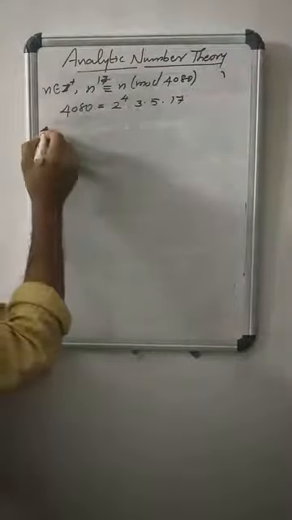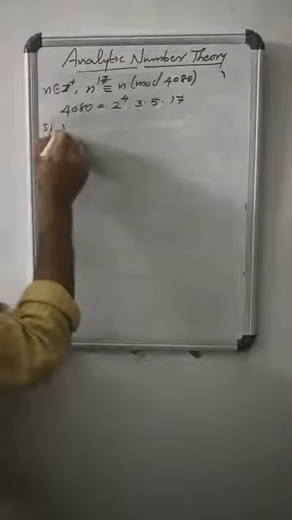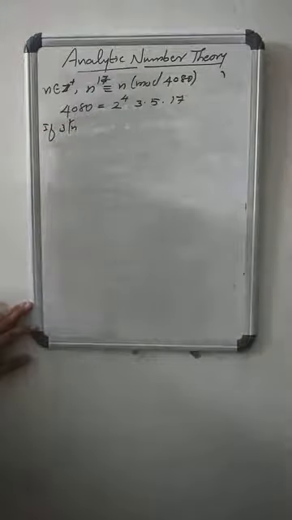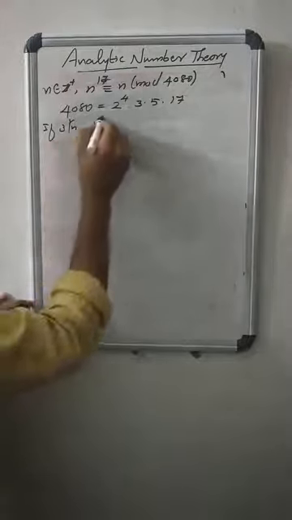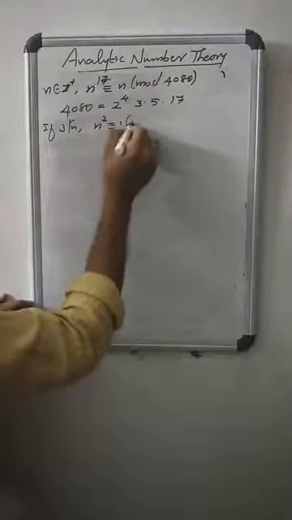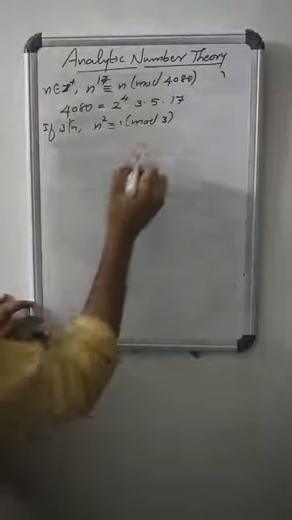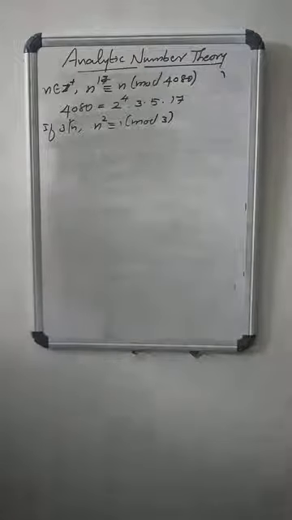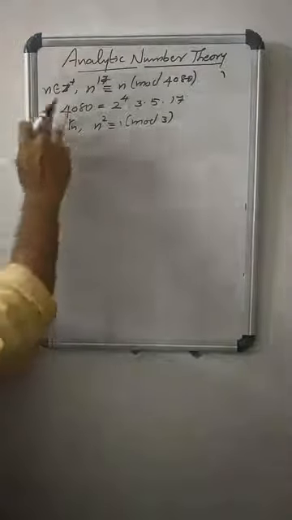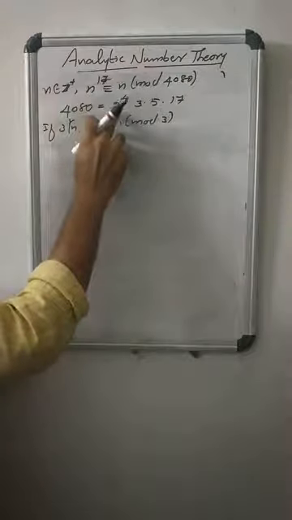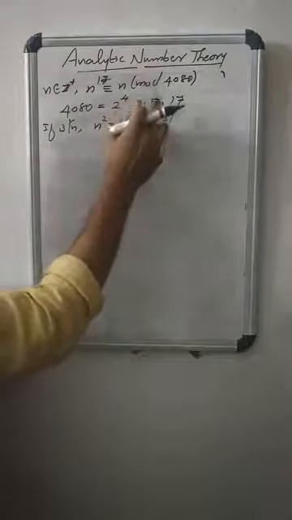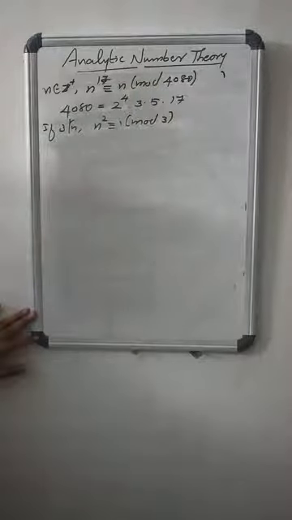Then as in the previous case, if 3 does not divide n, then n power 3 minus 1, that is n square, is congruent to 1 mod 3. So in order to find the integers n such that n power 17 is congruent to n mod 4080, it is congruent to n mod 2 power 4, n mod 3, n mod 5, n mod 17.